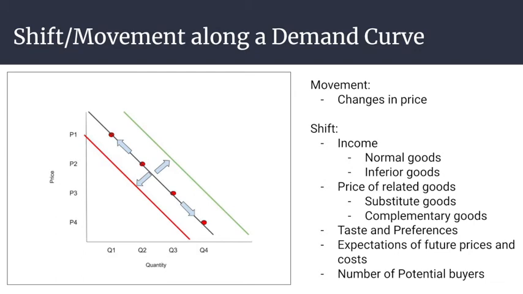However, we're not talking about the quantity, and we're not necessarily talking about the quality of this particular good or service. For complementary goods, these are goods that have very little value by themselves, but when combined with each other, they add to the overall value of the final product.